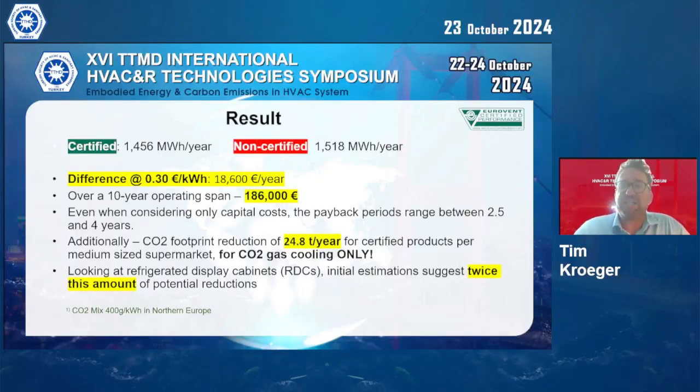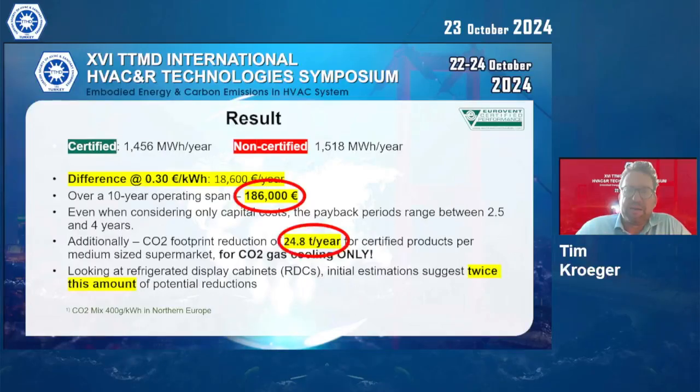We call them RDCs, as in refrigerated display cabinets. But I have conducted an initial study, and we estimate that we can at least save twice that amount when we start looking at the performance of these, particularly these open display cabinets and the energy classes there.